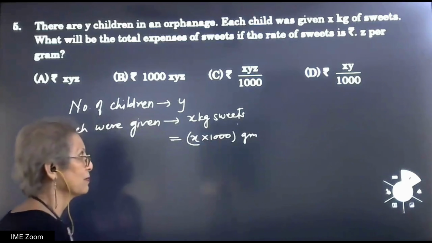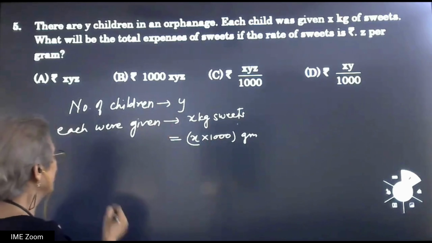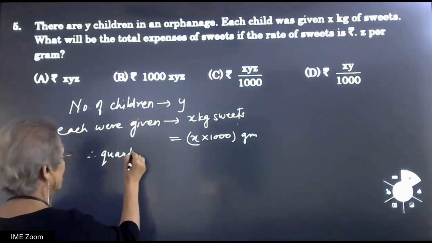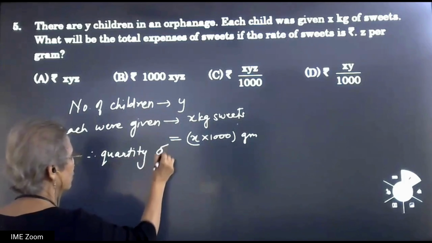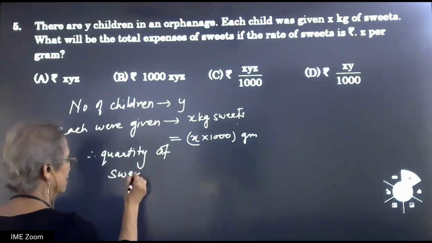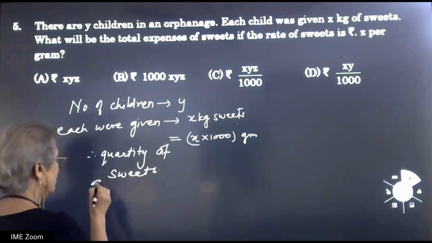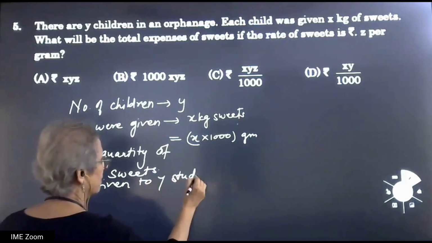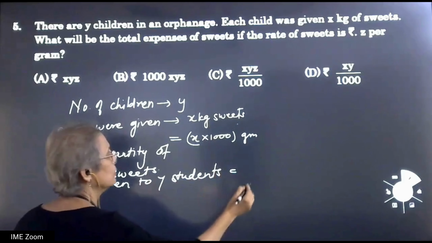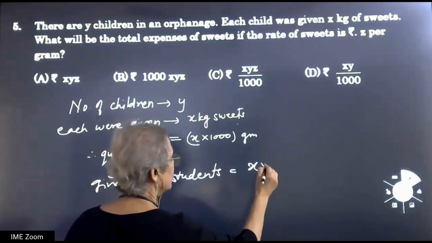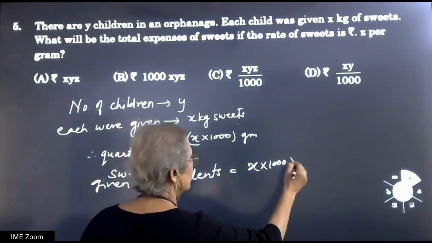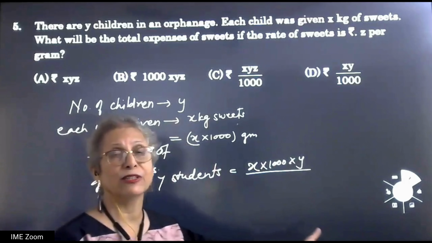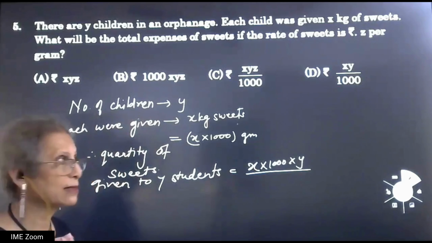This many sweets are given to 1, and therefore the quantity of sweets given to Y students is equal to X into 1000 into Y. Now for this much quantity of sweets, what is the total expenses?